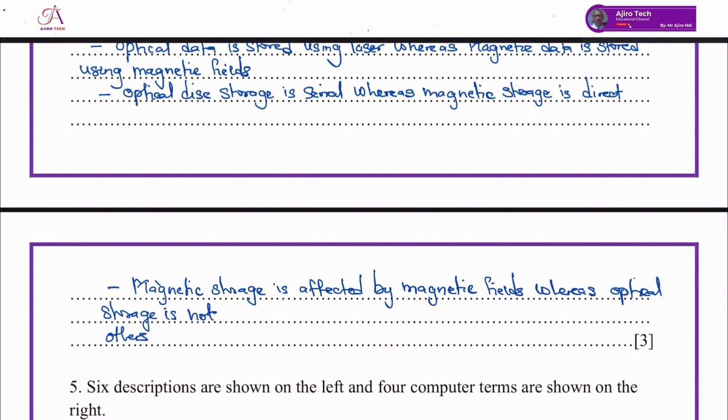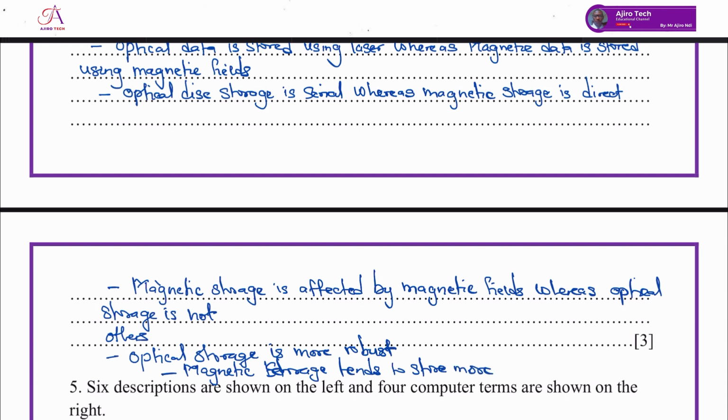Optical storage is more robust, right? That simply means that if it falls on the floor, it's not really affected, unlike the magnetic. And in terms of storage, magnetic storage tends to store more than optical.